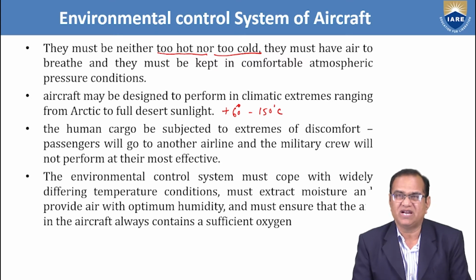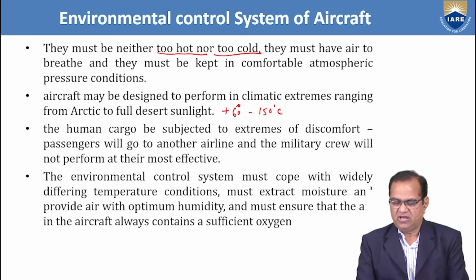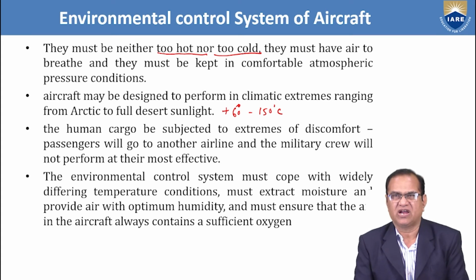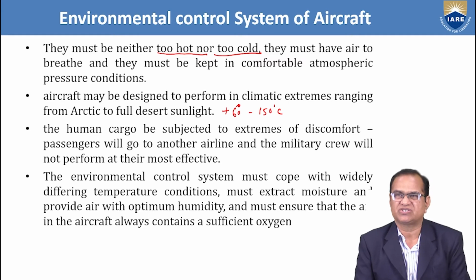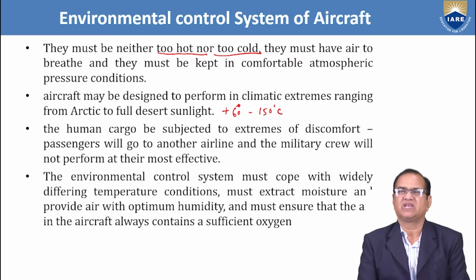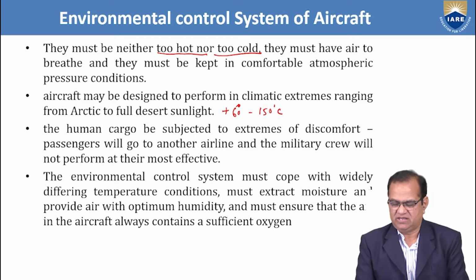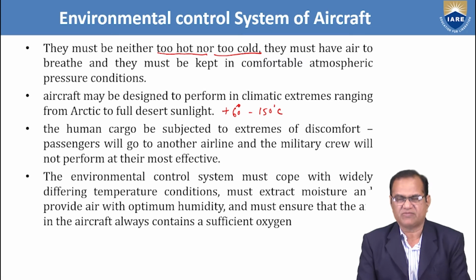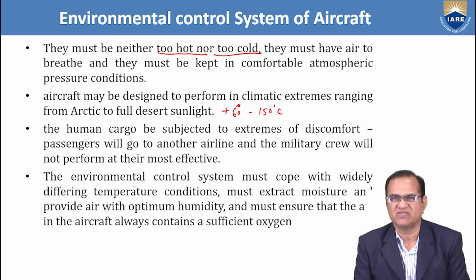So the environmental control system must cope with widely differing temperature conditions, must extract moisture and provide air with optimum humidity, and must ensure that the air in the aircraft always contains sufficient oxygen.